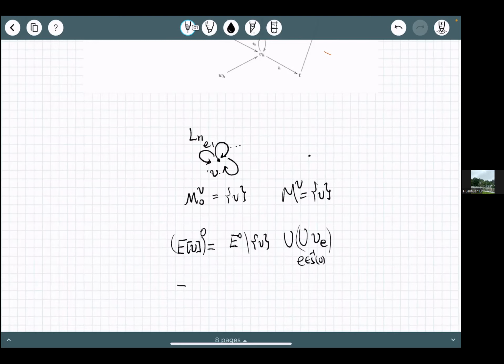Okay, let's see the EV1 edges: E0 minus NV. All the vertices are all this E1, EN.